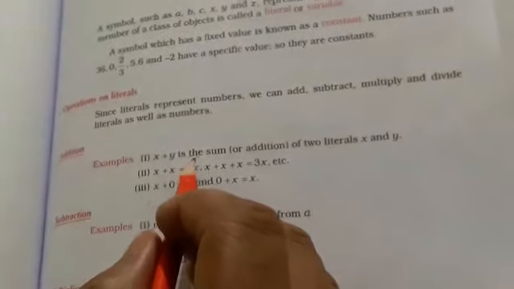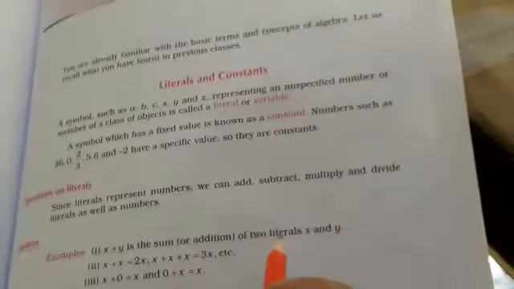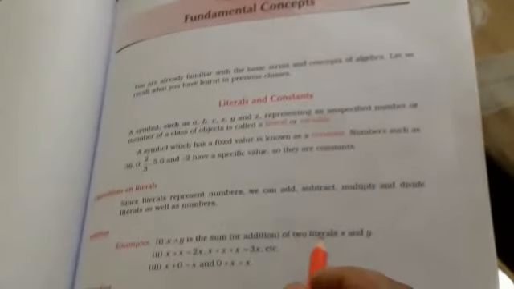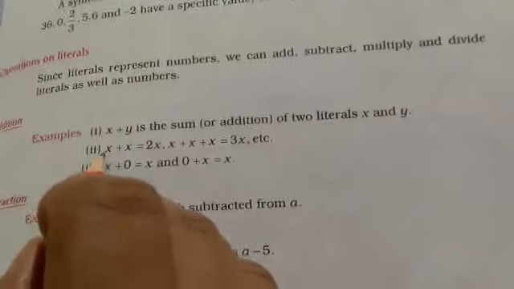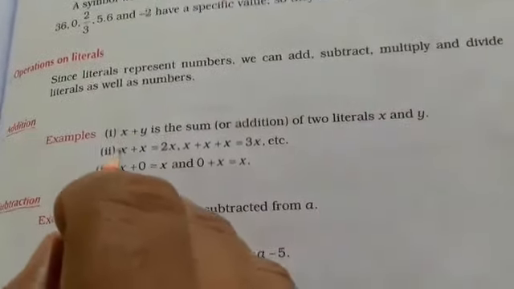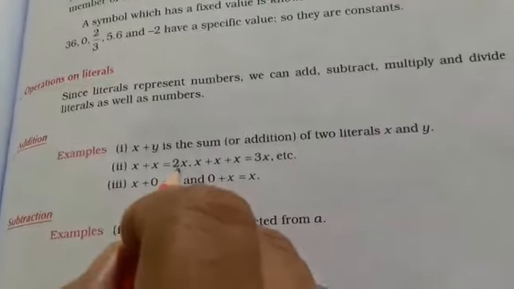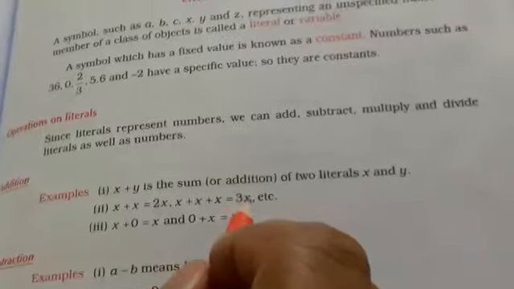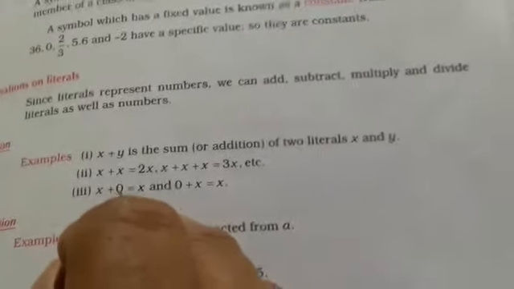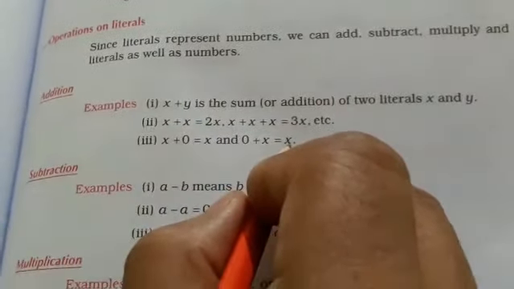First operation is addition. For example, the first example is x plus y, the sum of two literals or two variables x and y. The second example is x plus x, which means 1x plus 1x is equal to 2x. Similarly, x plus x plus x is equal to 3x, etc. Third example is x plus 0 is equal to x, and 0 plus x is also equal to x.